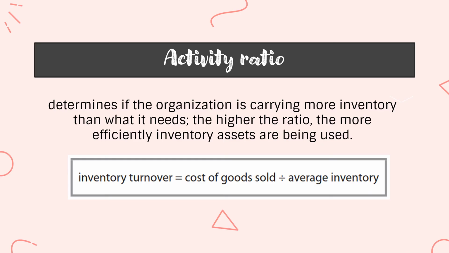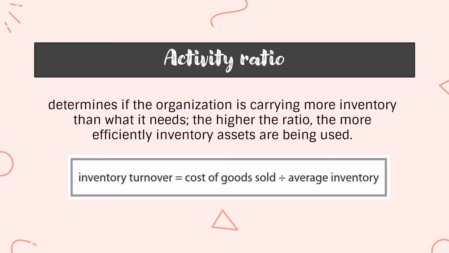So, here in activity ratio, we have the inventory turnover. Ibig sabihin, kung ilang beses natin nabebenta yung inventory natin for a certain period of time, for example, for a year. Yun yung mine-measure nitong inventory turnover. So, our formula for that is the cost of goods sold. Ang ibig sabihin po nun is yung halaga ng inventory na binenta natin.